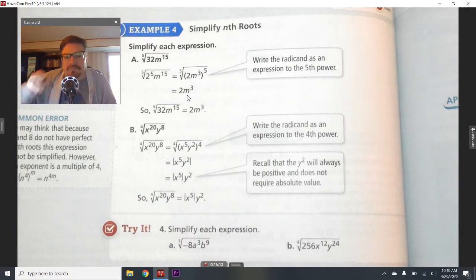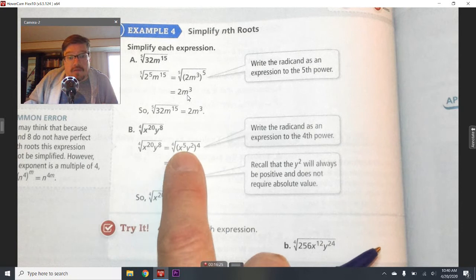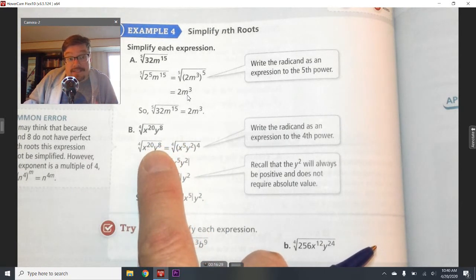Because if you raise something to the 5th power and it happens to be negative, it will be negative. Okay? So if I took out a group there, it could possibly be negative.